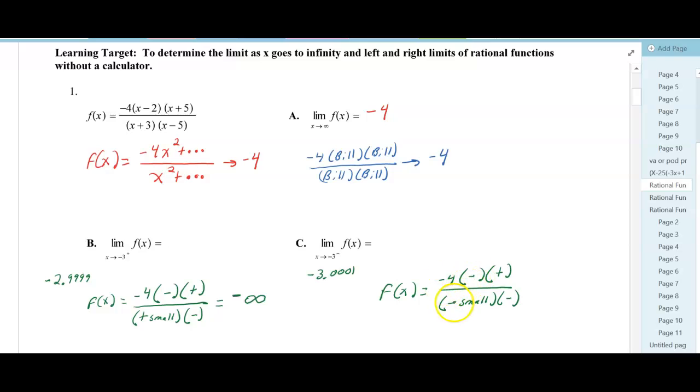So here we got 1, 2, 3, 4 negatives, so that's going to go to positive infinity. And technically this is the limit, so instead of an equal sign here, it'd be better notation to have an arrow, meaning this function goes to infinity. So for part B, this goes to negative infinity, and this goes to positive infinity.